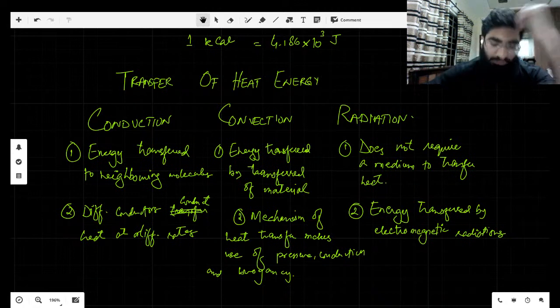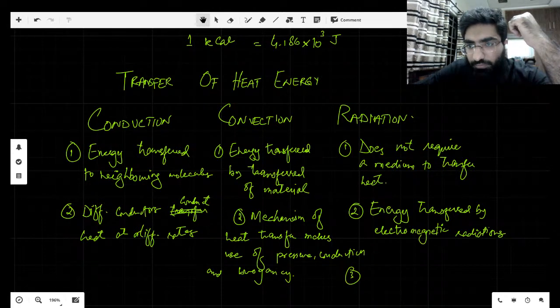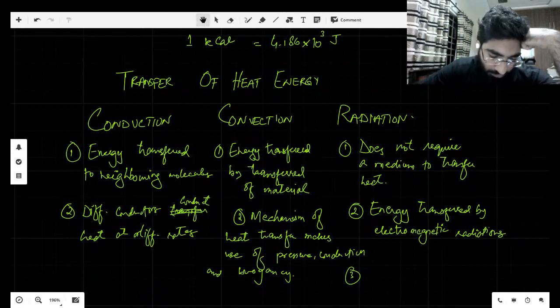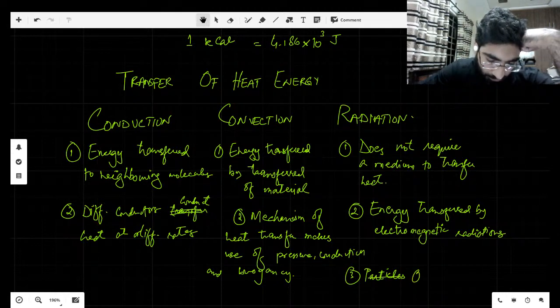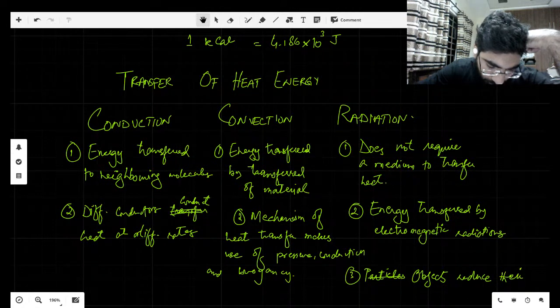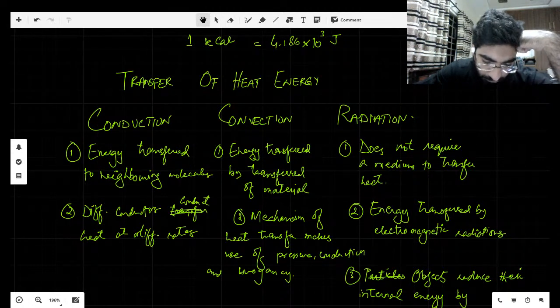So how is energy transferred? The third point I'd write over here is that objects reduce their internal energy by giving off electromagnetic radiation.